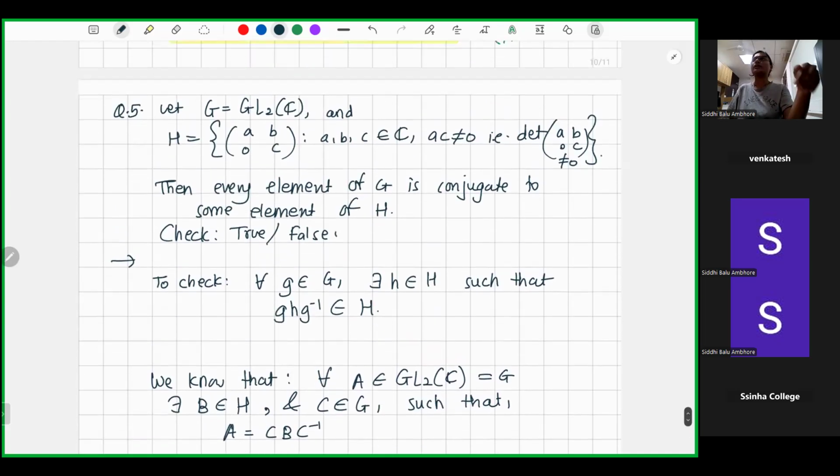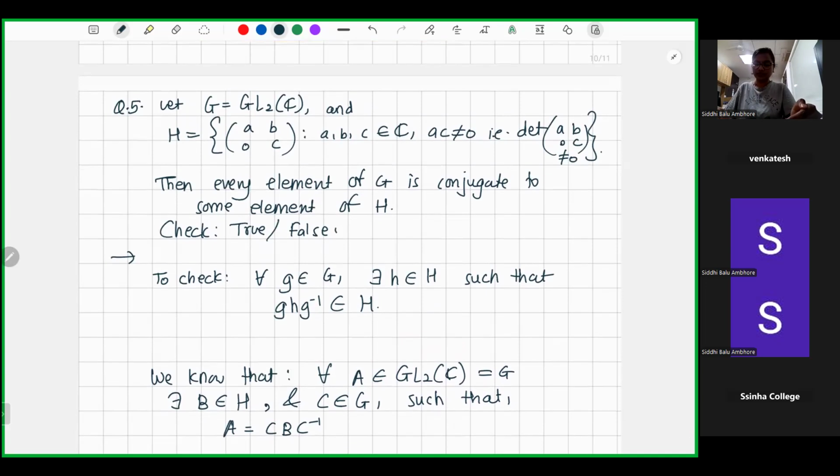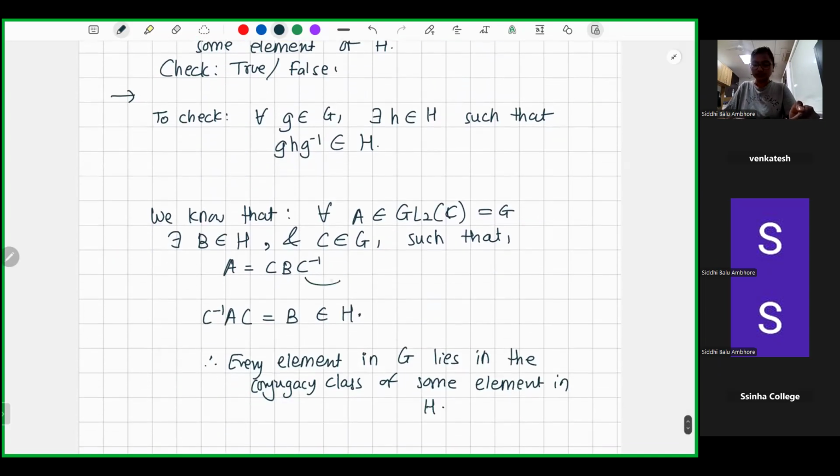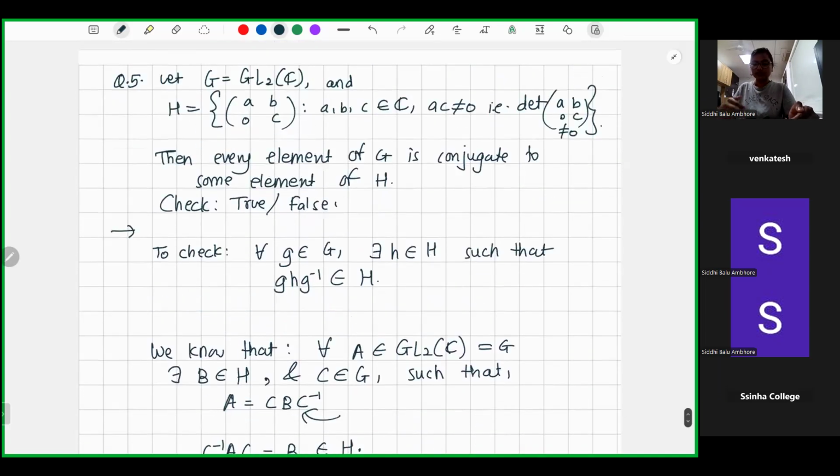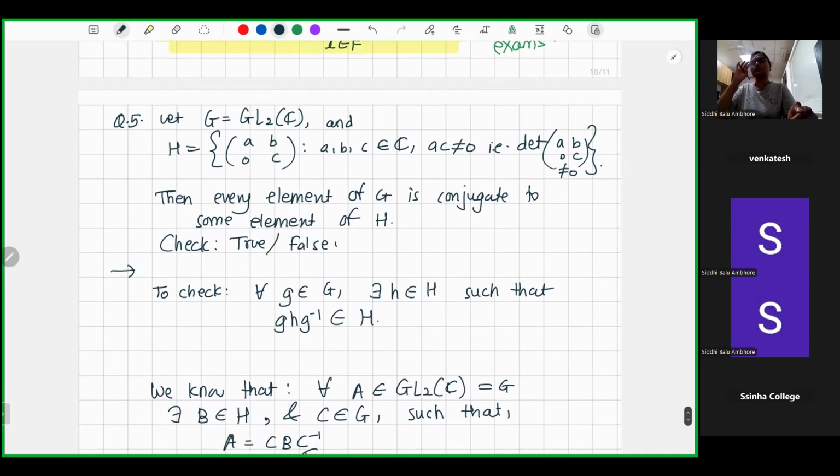If you want, you can explicitly give the expression of this C; you just have to solve some linear equations and you can arrive at it. Every element of G is conjugate to some element of H.